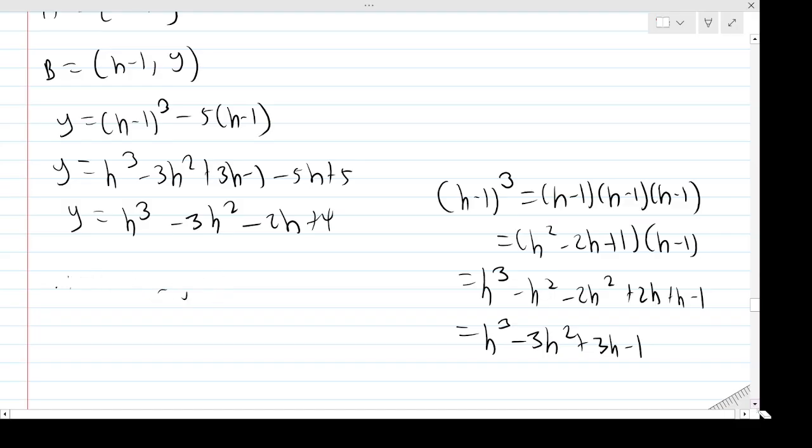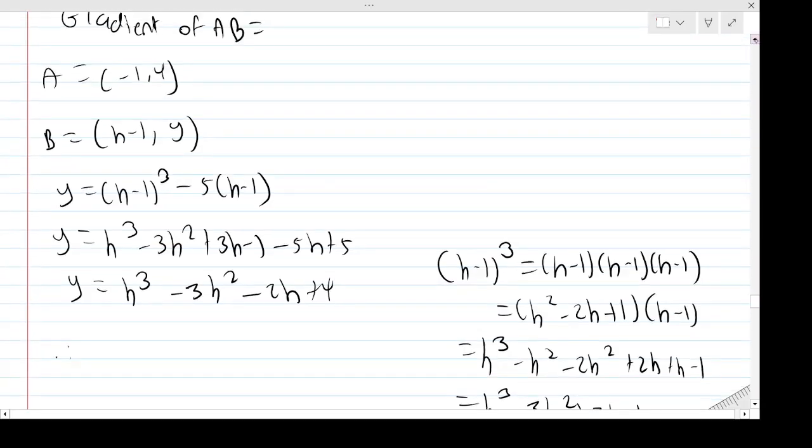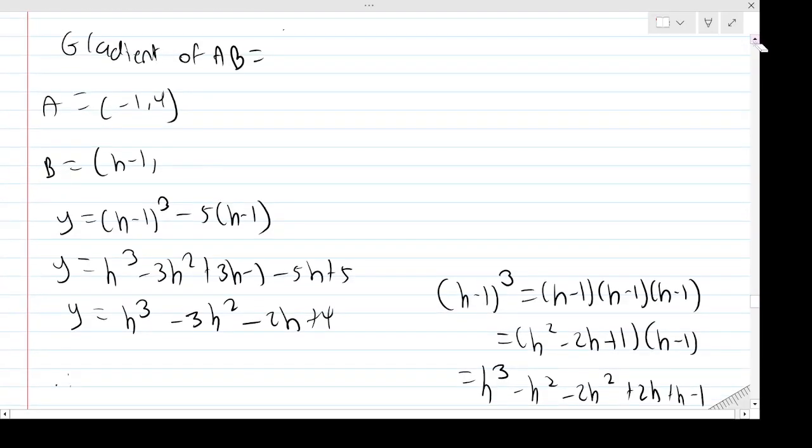So then B has the coordinate h minus 1 for x, and y, as we've seen here, would then be h cubed minus 3h squared minus 2h plus 4. So then the gradient from A to B is again changing y, changing x.